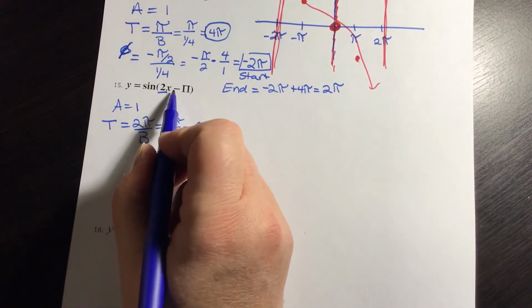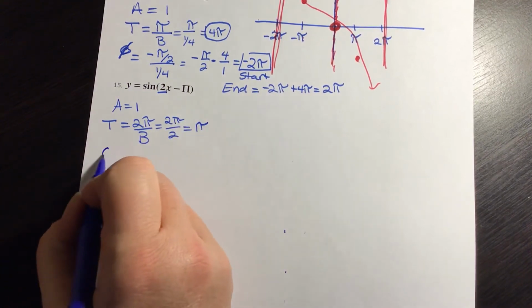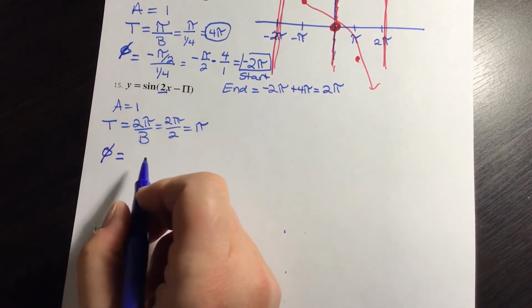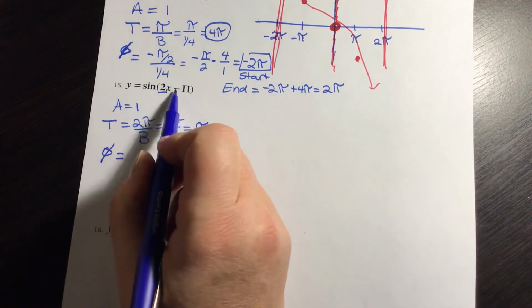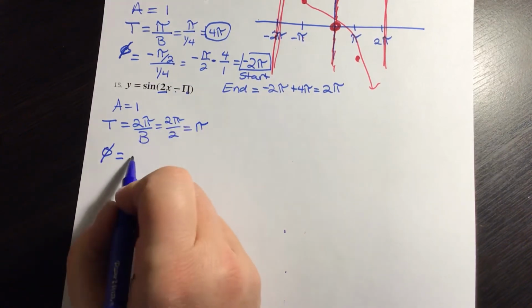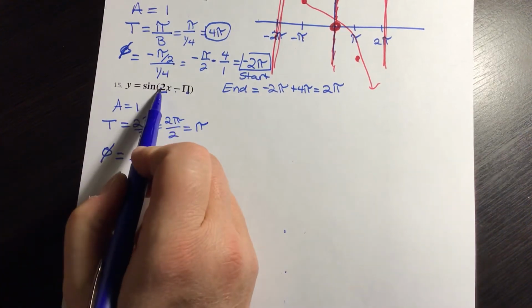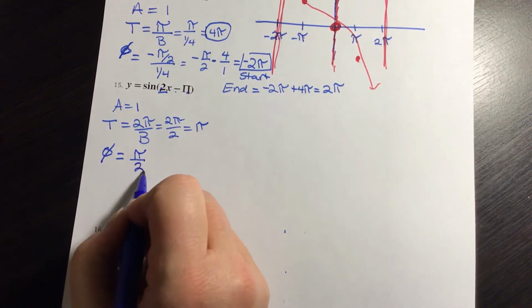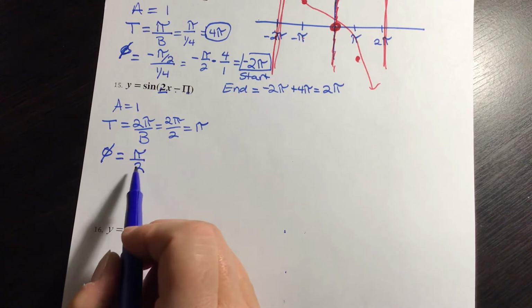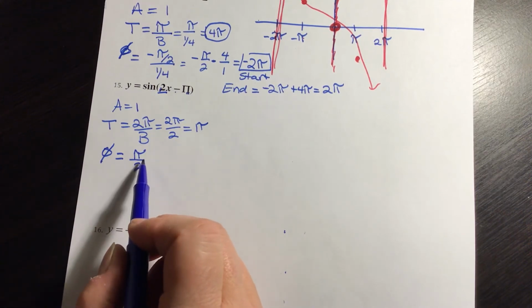And I'm going to shift, so my phase shift is going to be the opposite of the c value, so this is going to be pi over the b value, which is 2. So my phase shift is going to be right pi over 2 units.